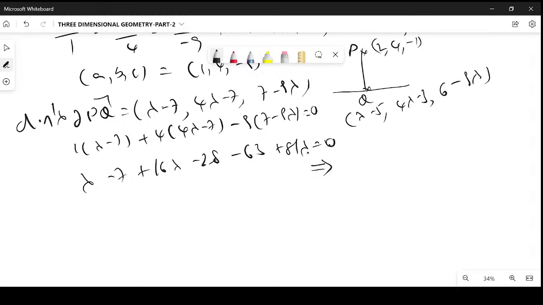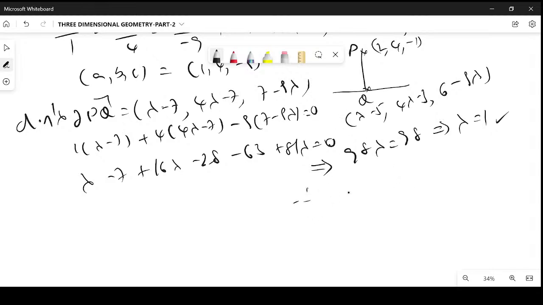Now you simplify 81 lambda, 16 lambda, everything comes here. You simplify this one, right. Total you get 81 plus 16 lambda, 98 lambda equal to 98. This implies lambda is equal to 1. We got lambda is equal to 1. Then the point Q comes, right.